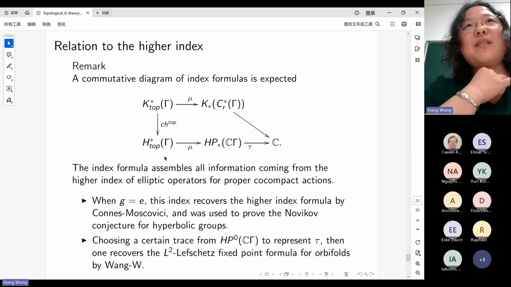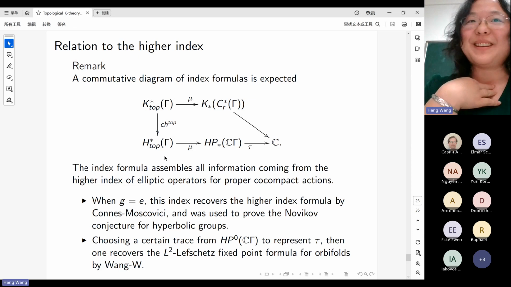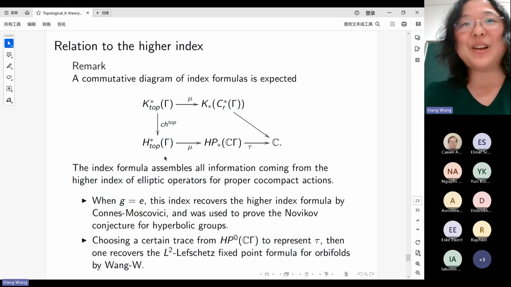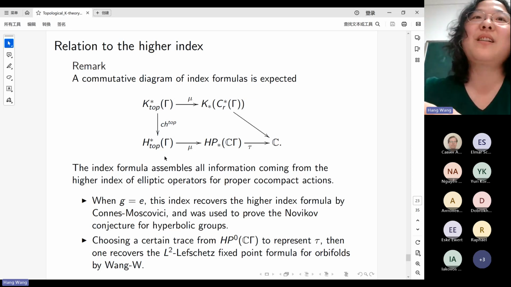But if one has some guess that the Baum-Connes conjecture is not true, then maybe one wants to move to some non-local calculation. For example, when gamma is acting non-co-compactly on some manifold.